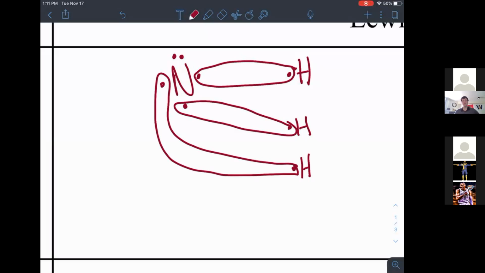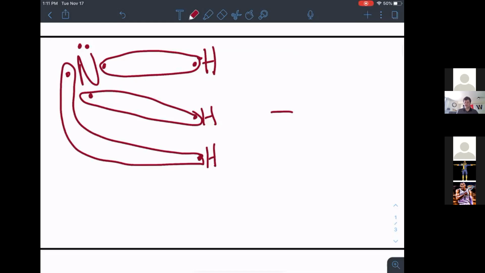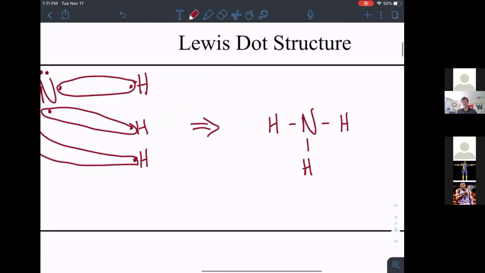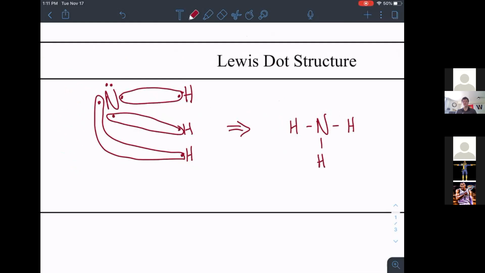Does anybody remember what we changed? That circle with the 2 valence electrons being shared, what do we show to represent that? The line. A line or a dash. So we have nitrogen, and it's got 3 hydrogens sharing electrons. Do we need to bring anything else over for that Lewis dot structure? 2 other electrons.